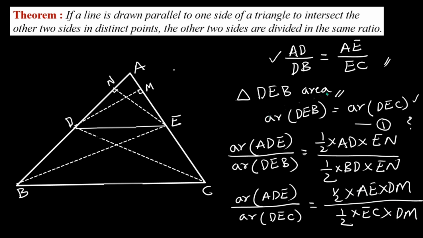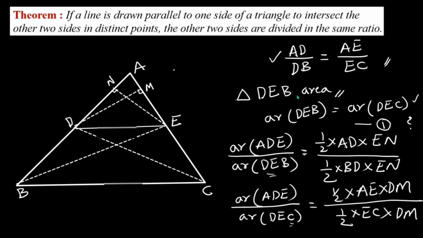Now from these equations, the left side is ADE by DEB and here also ADE by DEC. The area of DEB and the area of DEC are the same, as shown, so the left side is the same, and then the right side is also equal.